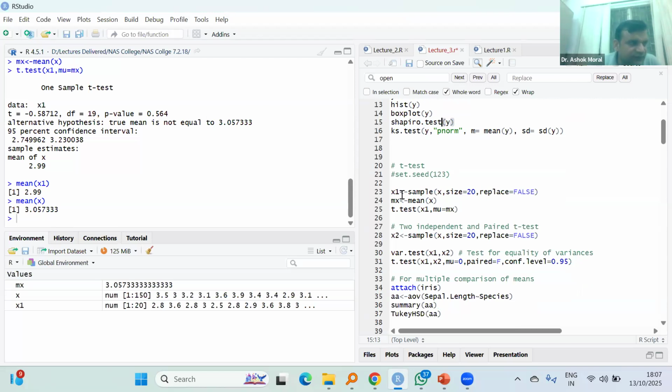Then what is the second assumption? Second assumption, that is the important assumption, and that is what? The data of both groups should be homogeneous.